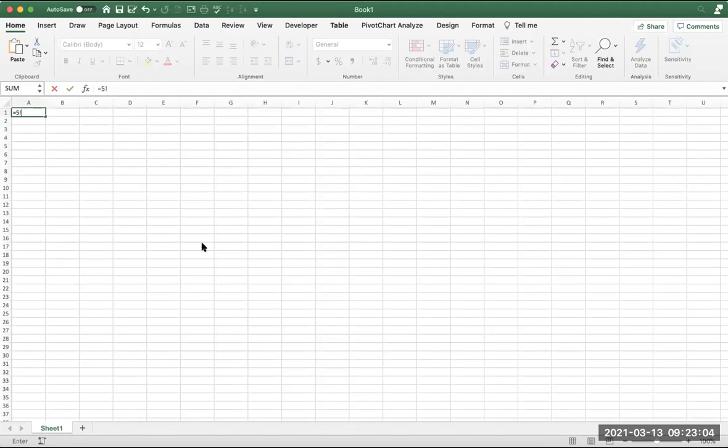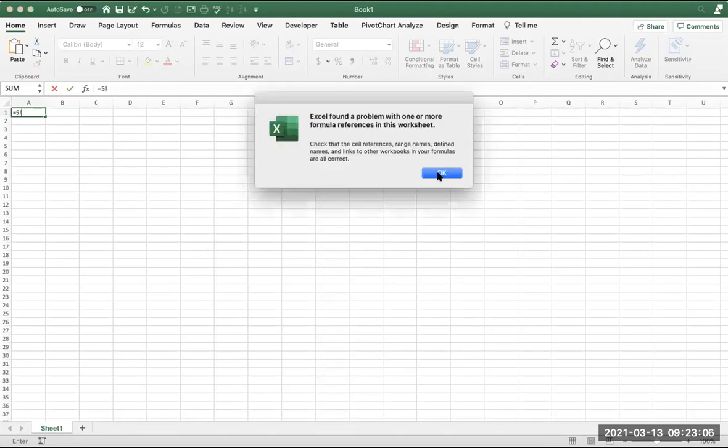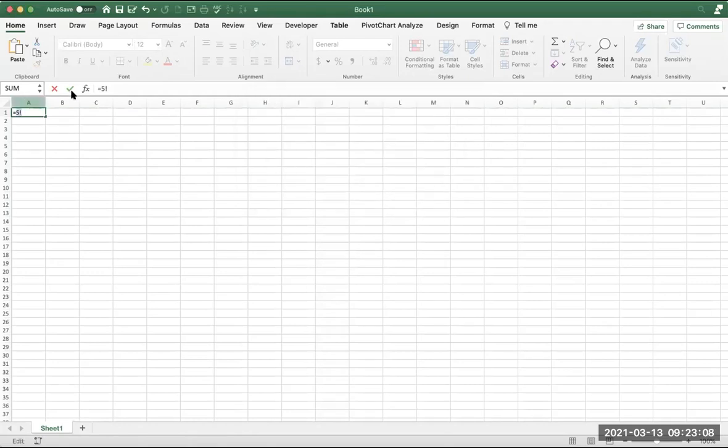Let's see if this works. No, that doesn't. Okay. I think there's one function on Excel, yeah, that one, fact. Yeah, it's factorial. I was just trying to see if it would do it. Okay, so factorial 5.